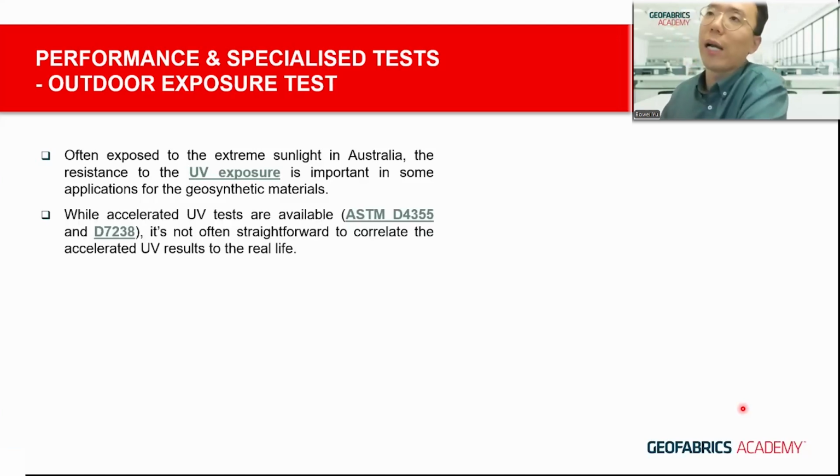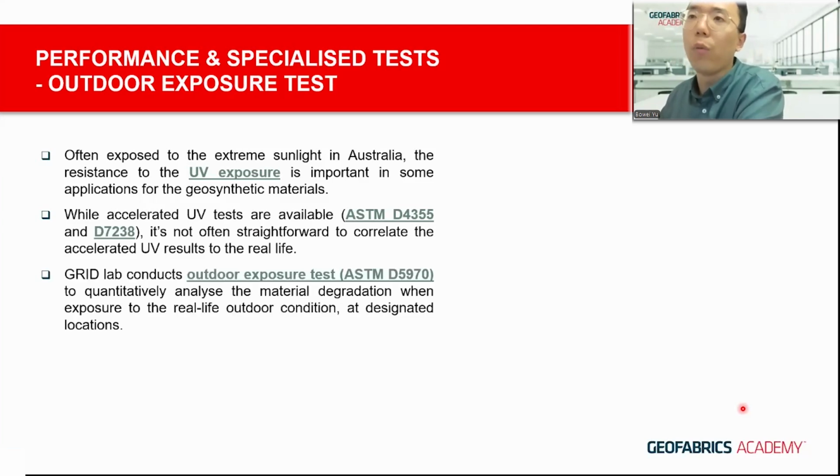While we do have those accelerated UV tests, such as D4355 or D7238, it is very often not straightforward to correlate the accelerated UV results to real life. Therefore, we do conduct outdoor exposure tests as per the ASTM test method D5970 to quantitatively analyze the material degradation when exposed to the real-life outdoor condition.